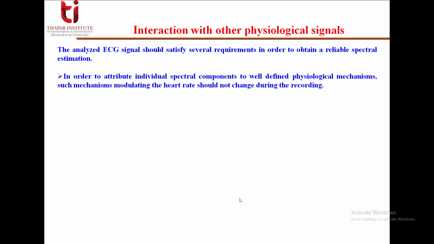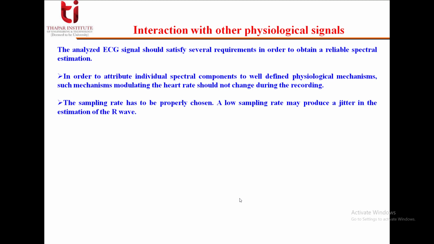In order to attribute individual spectral components to well-defined physiological mechanisms, such mechanisms modulating the heart rate should not change during the recording. The sampling rate has to be properly chosen. A low sampling rate may produce a jitter in the estimation of the R wave. Further, the baseline and the trend removal may affect the lower components in the spectrum.